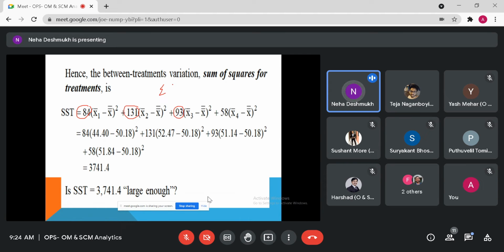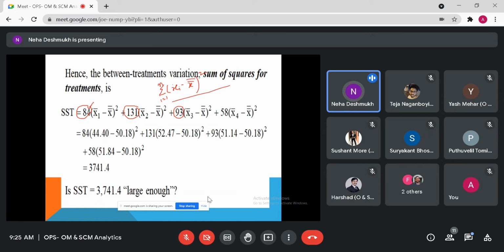So the generalized formula will be summation over i equal to 1 to n, right? Xi minus x double bar, which means the average of the whole population, square, right? So this is your x1, the whole value is the same.